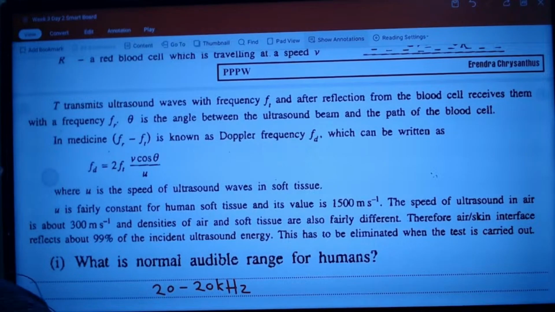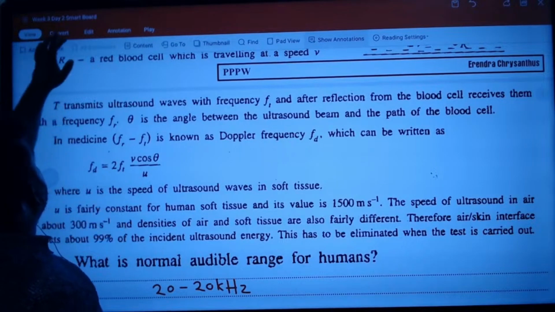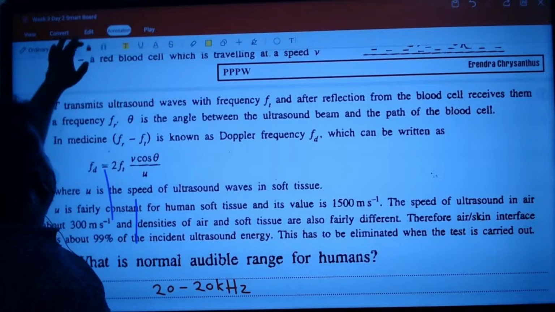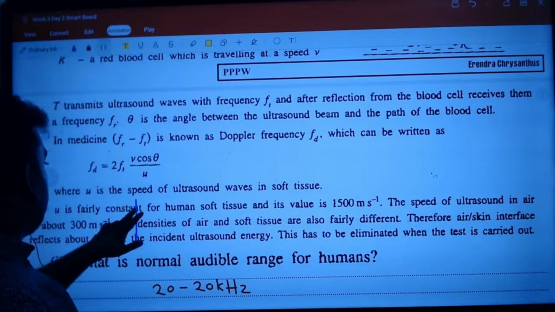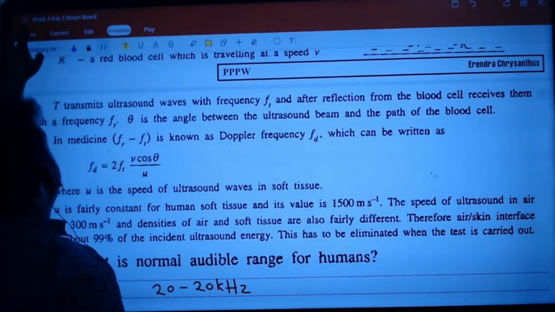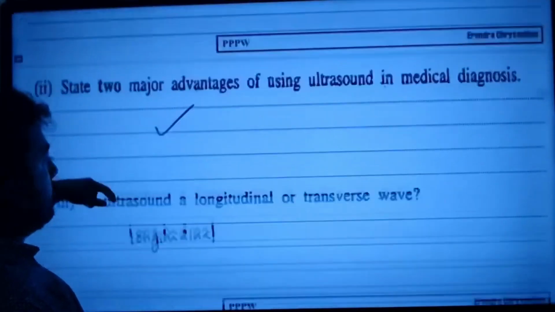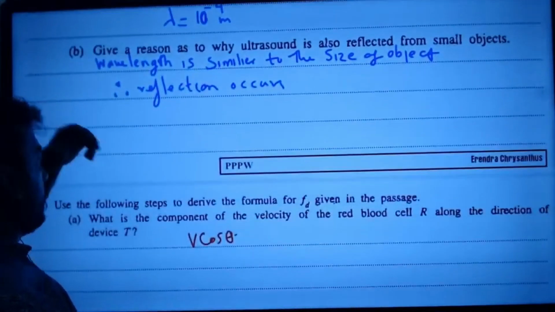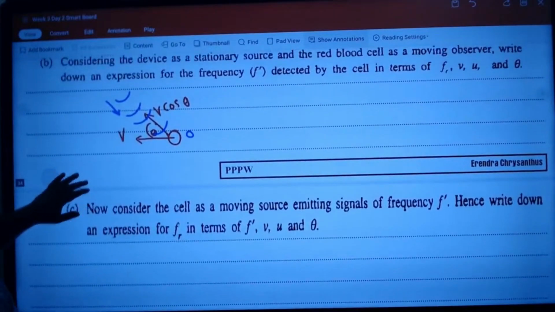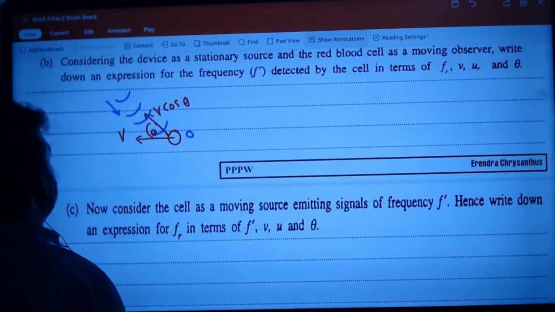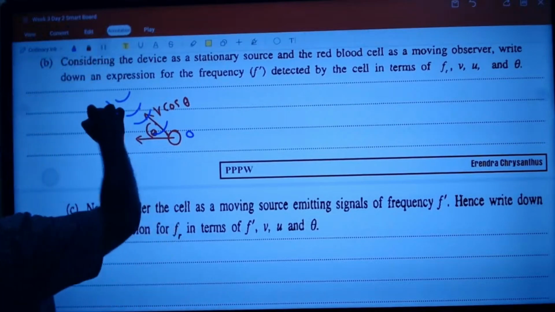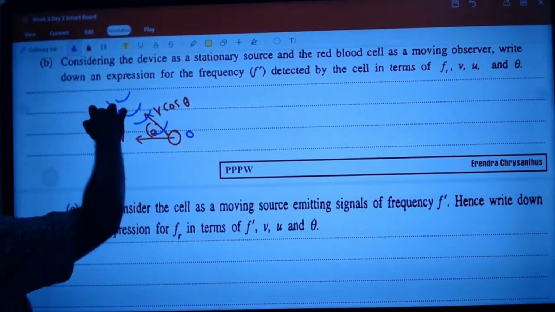U is the speed of the ultrasound, right? Ultrasound waves are coming at a speed u.